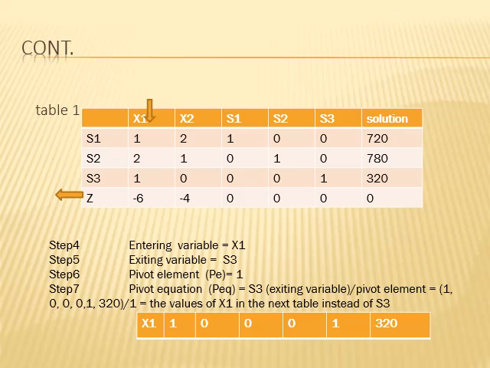So the result of this division is 720, 390, and the last division is 320 over 1 equals 320. Now S3 is considered as the exiting variable.